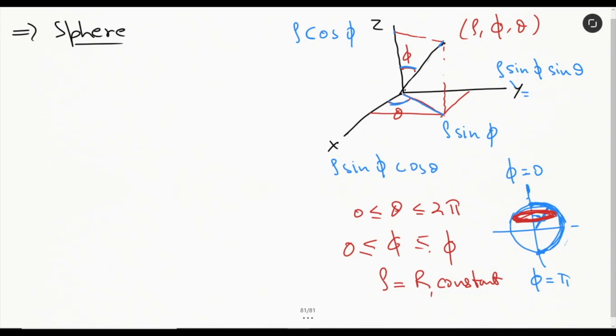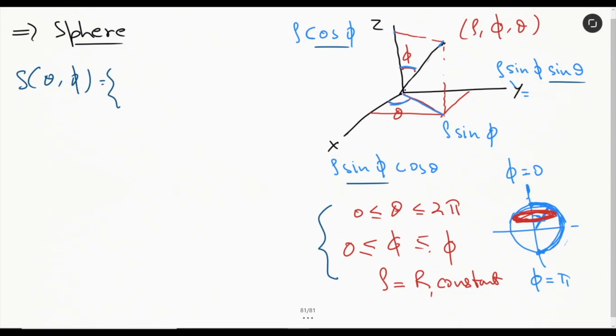Now we have mentioned all the components. I'm not writing it again. This is z, this is x, and this is y. We have also taken the limits or the interval for all the parameters. So in this case, this surface, which will have variables theta and phi, is going to be r or rho, anything is fine.